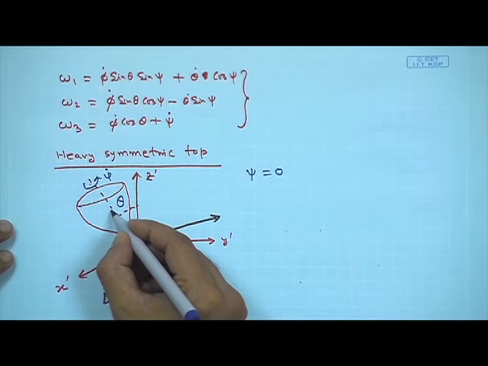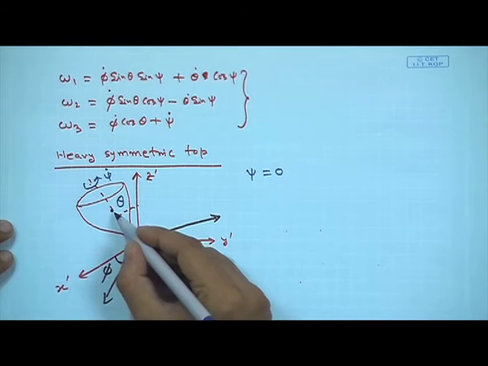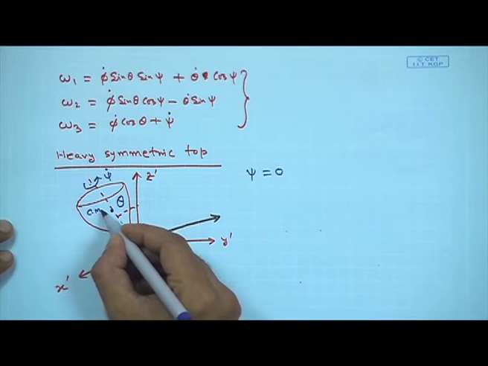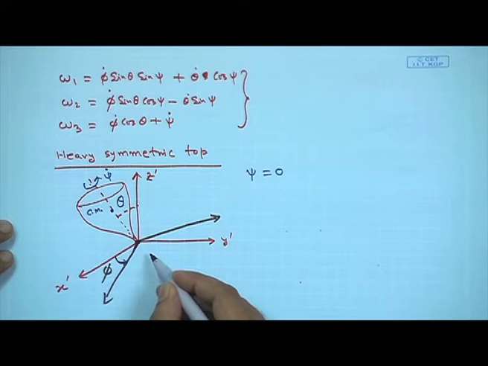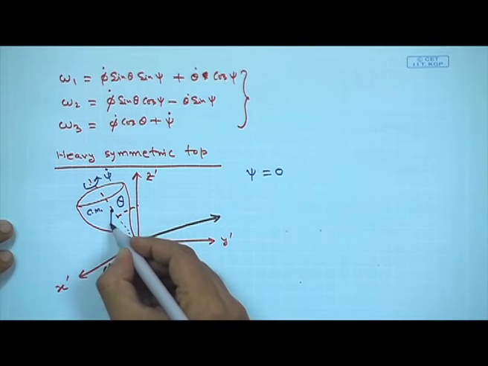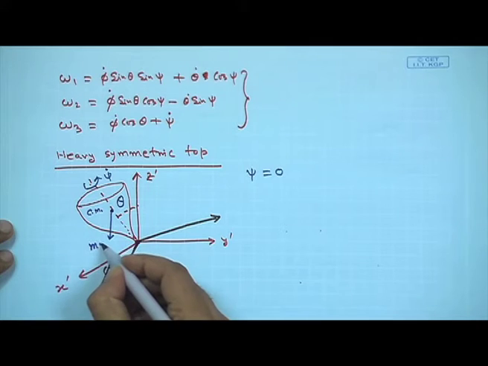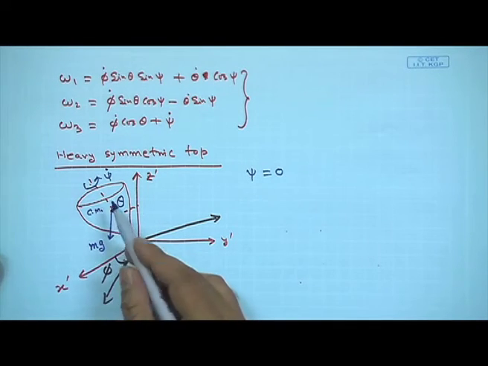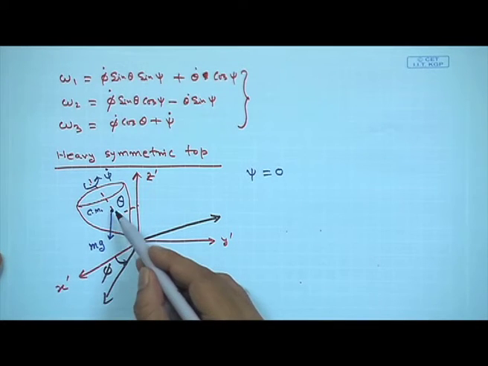What we need to understand is that there are three types of motion possible in a heavy symmetric top. First of all, why is it called heavy? Because let us assume that the center of mass is somewhere on this axis, by the symmetry of the problem. We have seen that for a system of particles, we can assume that all the forces act directly at the center of mass.